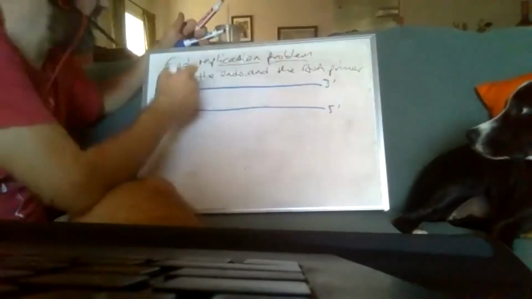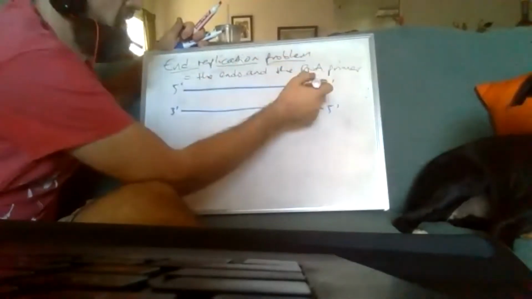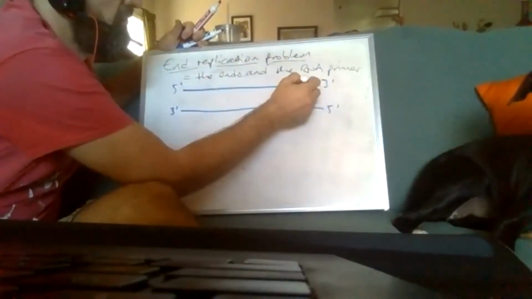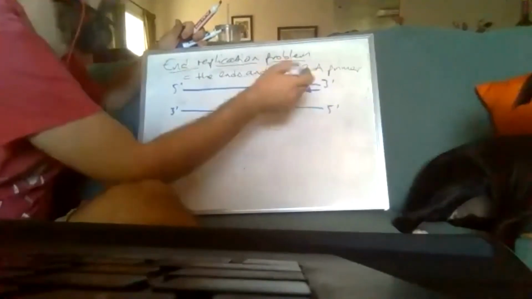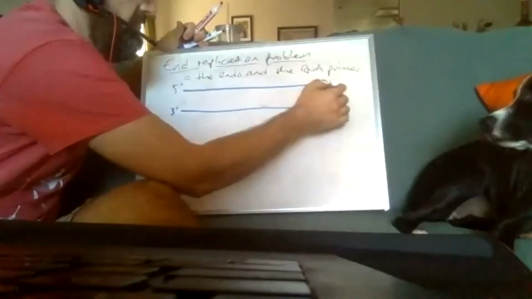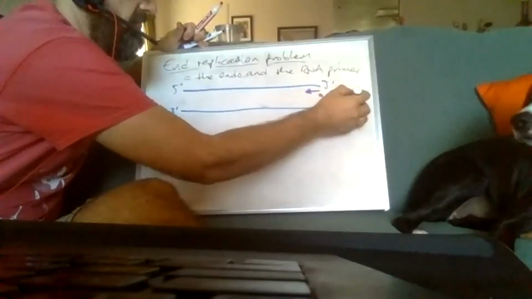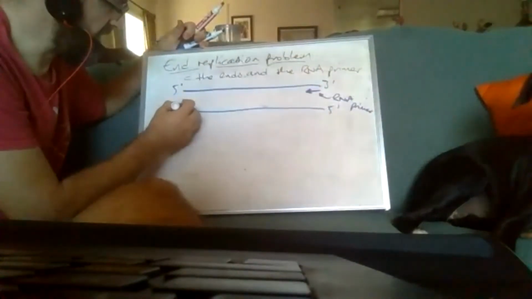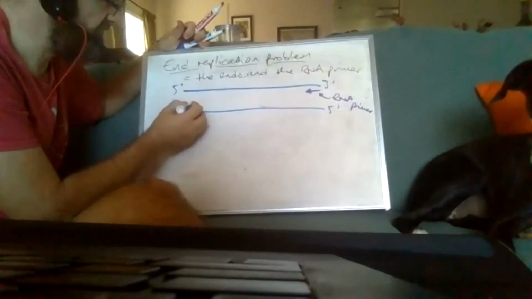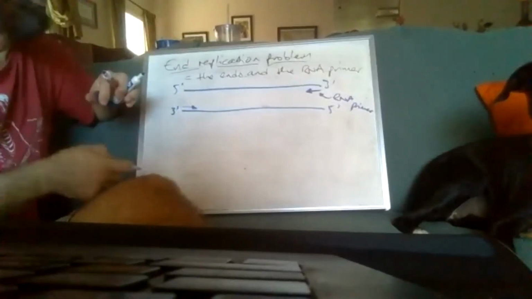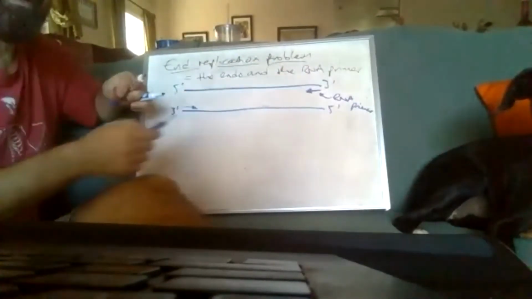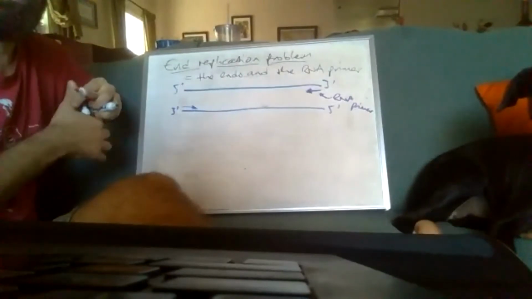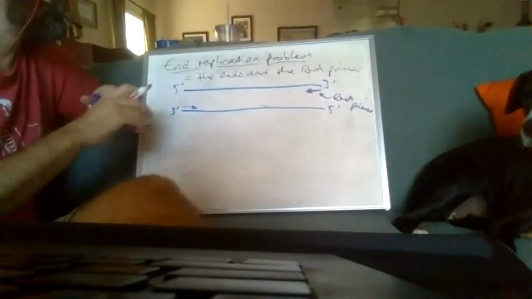So you're going to need a primer here, and you're going to need one here. Right. We're going to ignore the fact that there are going to be multiple replication bubbles for now, just to keep things simple.